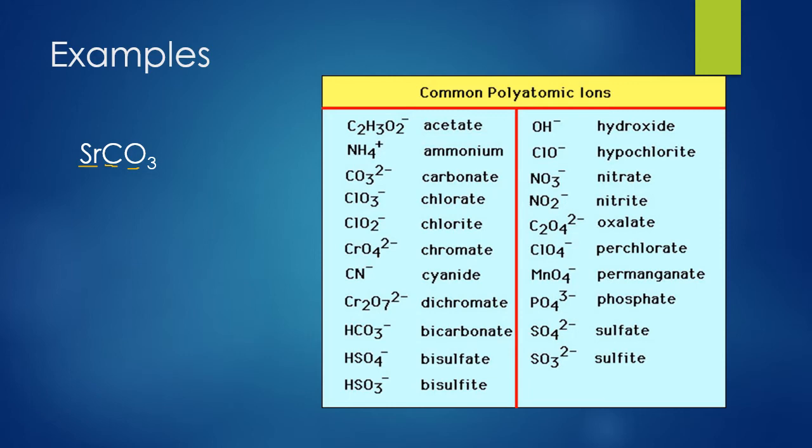The Sr portion, strontium, we would find on the periodic table and write its name exactly how it is there. The CO3 we would look up in the polyatomic table, see that CO3 has the name carbonate, and write that name down. So strontium carbonate would be the correct name for that polyatomic ionic compound.